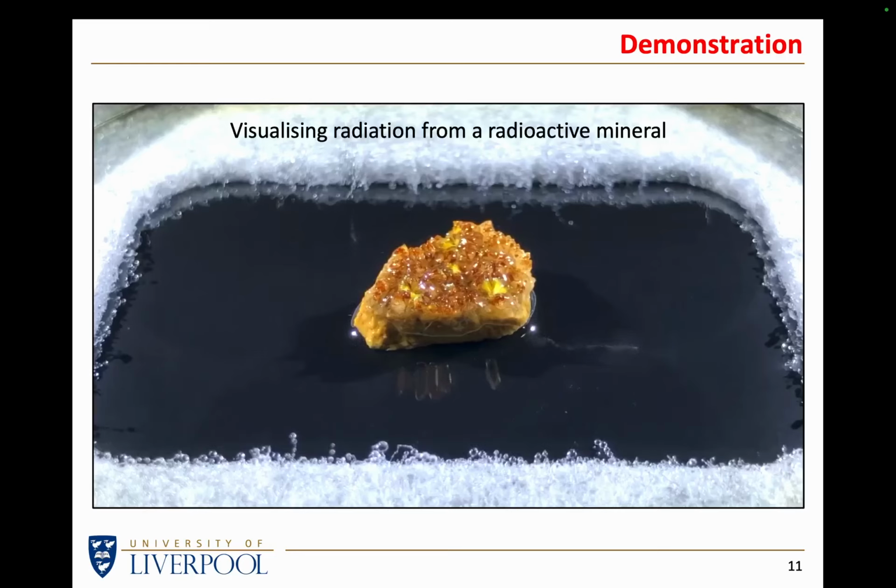So this is a different sample. This is a sample of boltwoodite, which again contains some uranium. It just happens to be a larger, somewhat prettier sample. This is the one that I actually videoed on my kitchen table, just in case the cloud chamber didn't play ball. But again, you can see that there are particles coming out of the rock sample, and again, it falls into different categories.